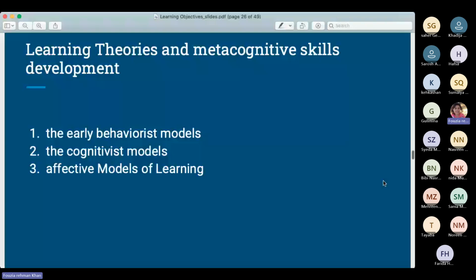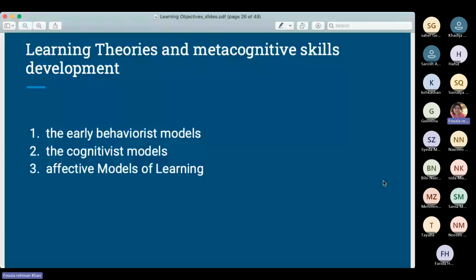Now, A effect and E effect, I hope you can differentiate between the two, and only then you will understand what I'm talking about. Following effective models of learning makes the learning effective. This is affective, that is effective. We'll come to that also.